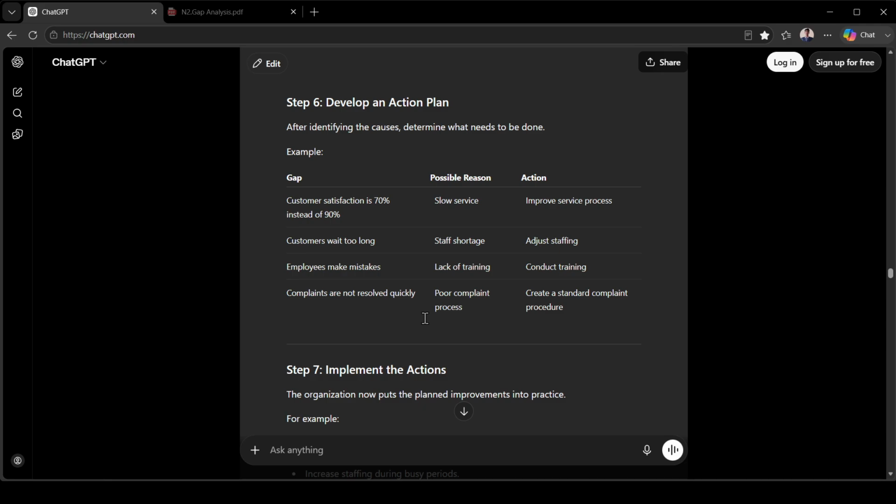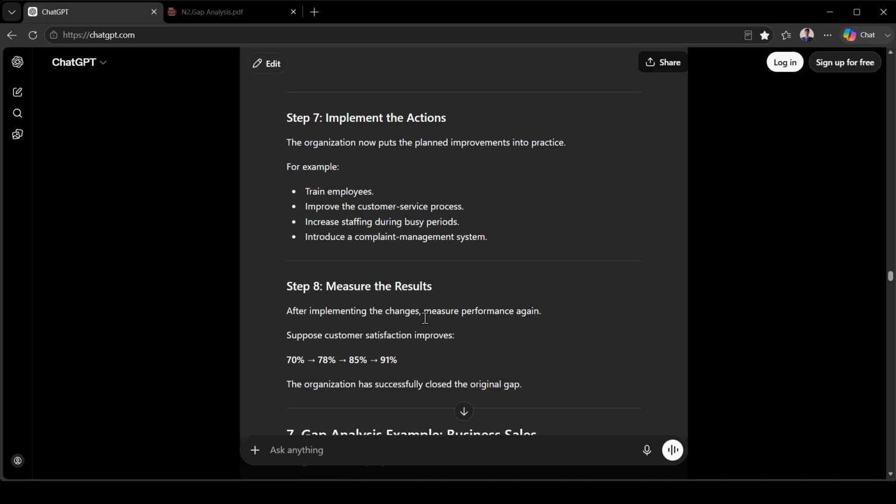Slow service: improve service processes. Customers waiting too long, staff shortages: adjust staffing. Employees make mistakes, lack of training: conduct training. Complaints are not resolved quickly, poor complaint process: create a standard complaint procedure.